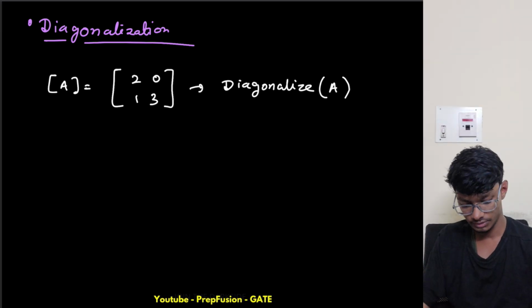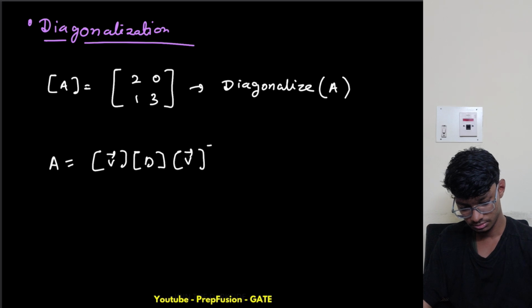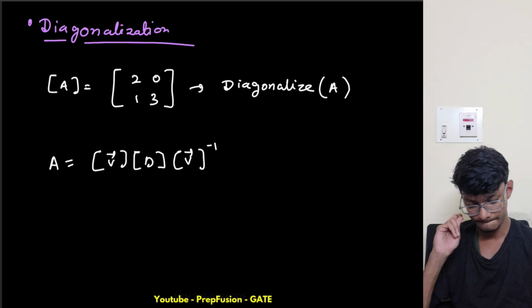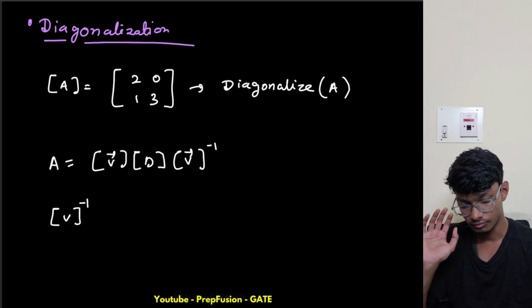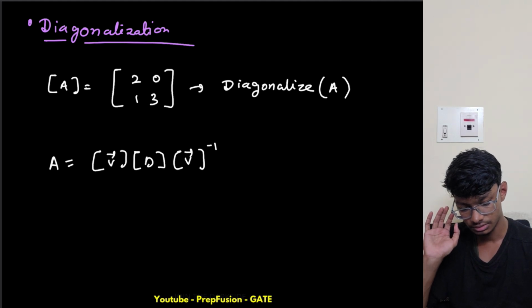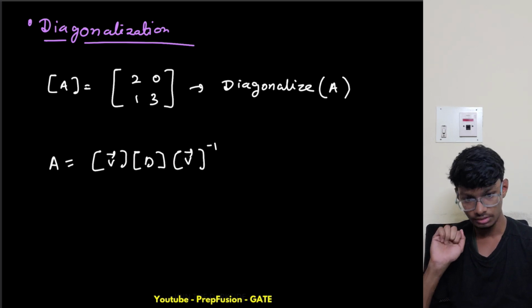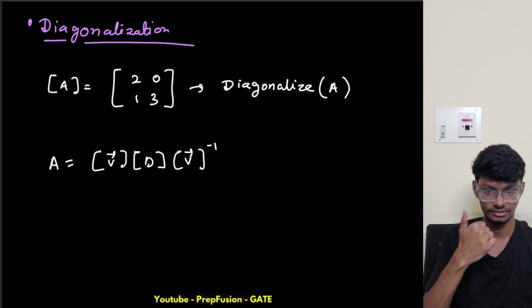One thing I know is that A is equal to V D V inverse. This time I have to find D. So what I will do is simply post multiply by V and pre multiply by V inverse.